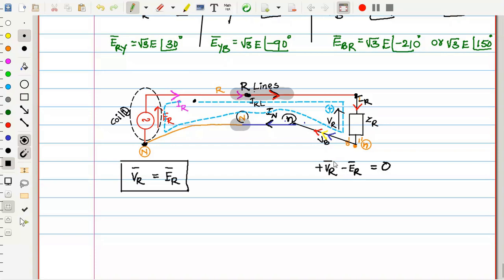Of course, we should take the phasors. So this is the KVL for the above loop, one of the phase loops. Based on this, we get VR is equal to ER. That is a simple thing: like a parallel combination, parallel elements have the same voltage. That is the basic idea I had written over here.